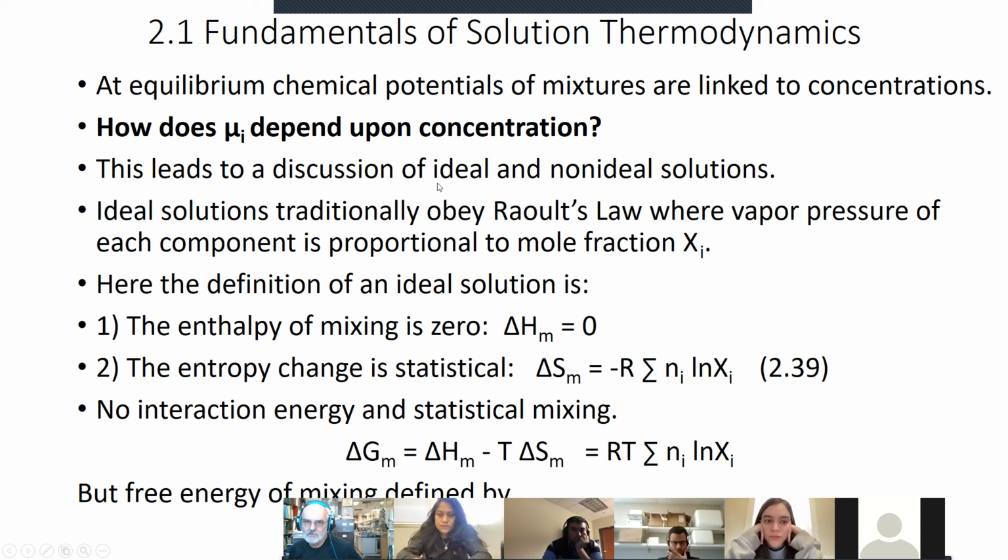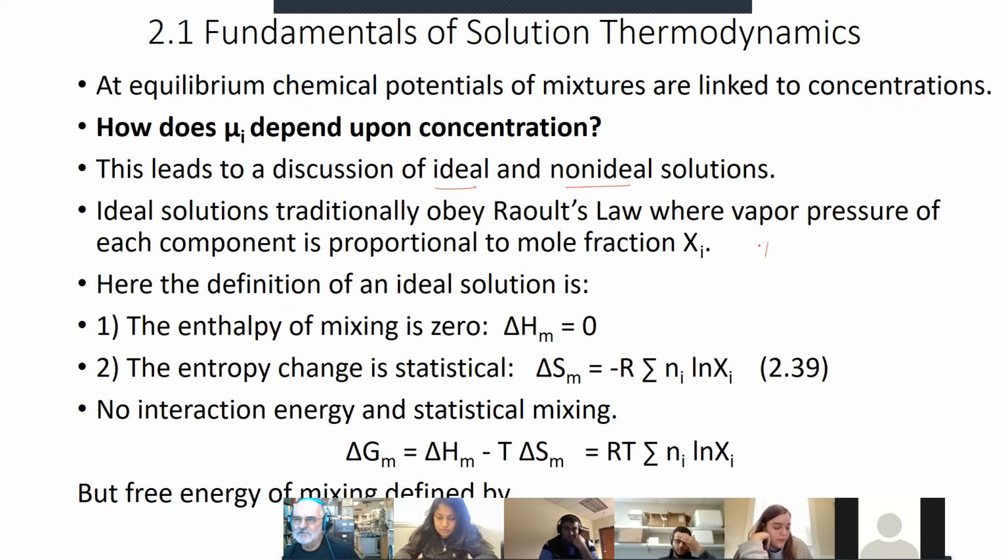And so the question is, how do they depend upon the concentrations? To discuss this, we have to discuss the concepts of ideality and non-ideality. So first we start with ideality. Ideal solutions traditionally obey what's called Raoult's law, where the vapor pressure of each component is proportional to its mole fraction.